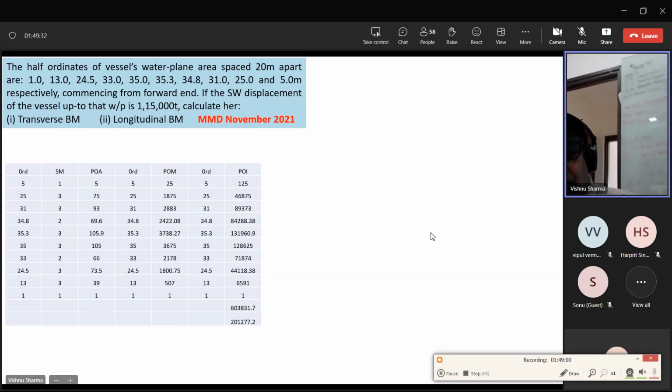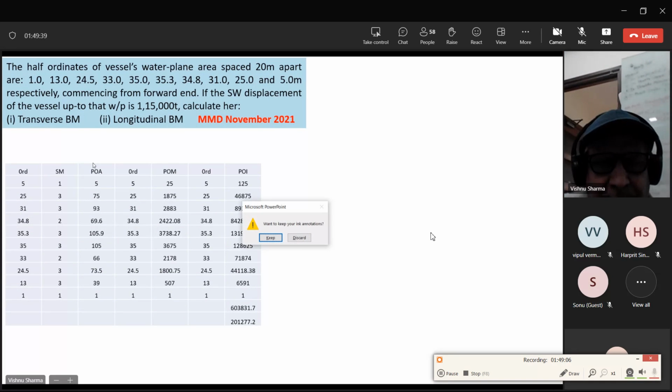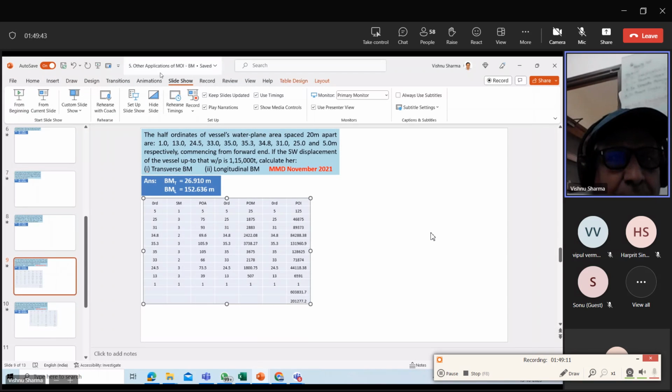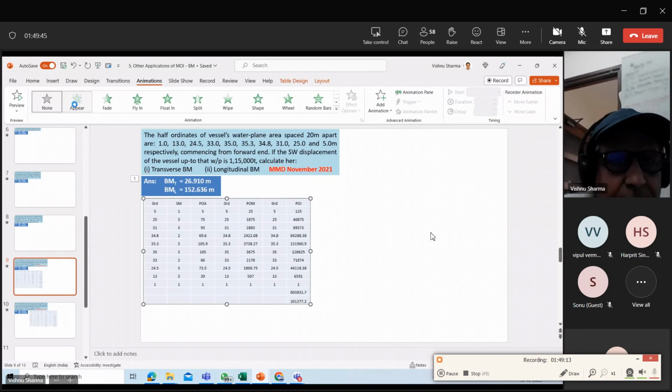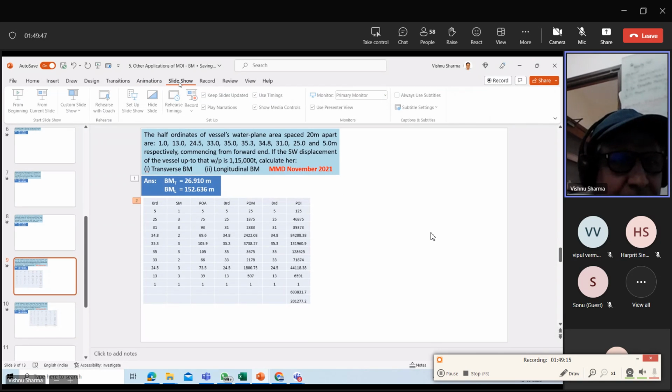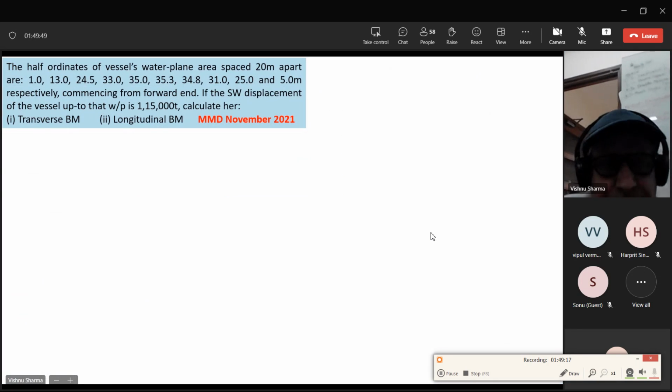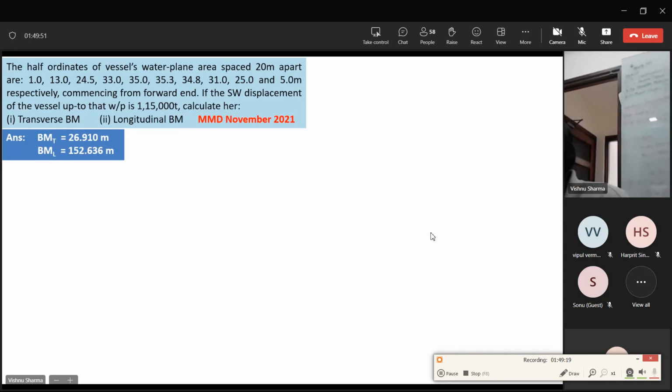Okay. Now we come to this one. Don't look at the table, let me just remove the table for a while. Okay. Now we come to BMT, BML of curvilinear shapes.